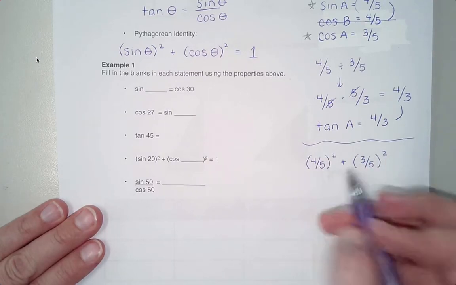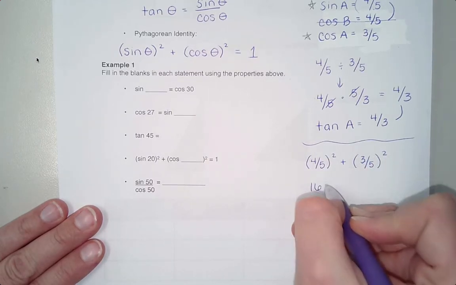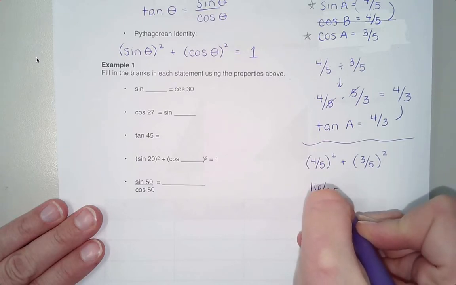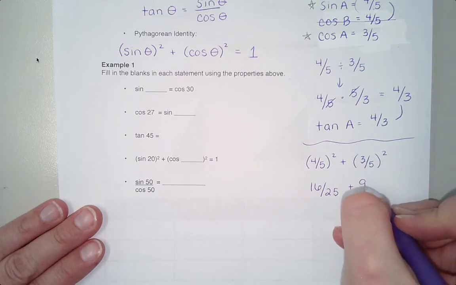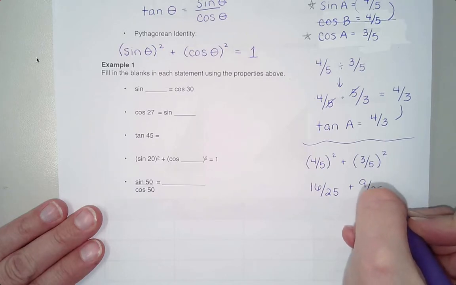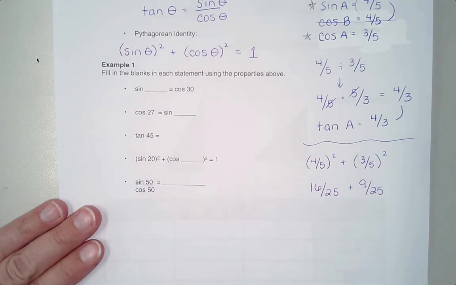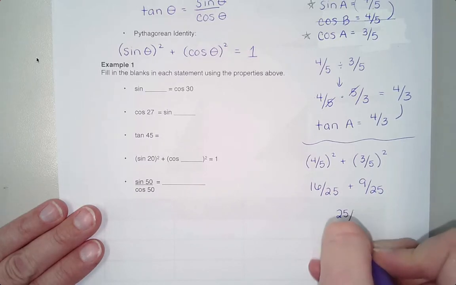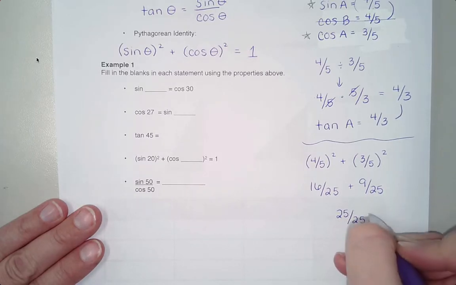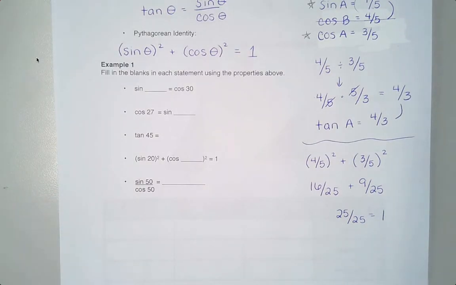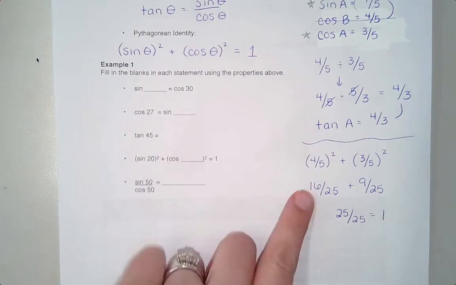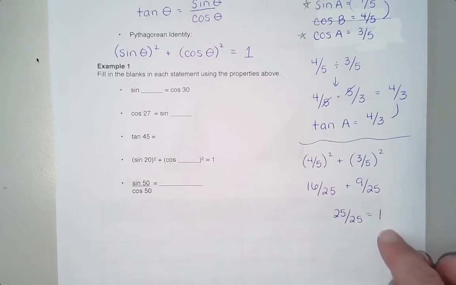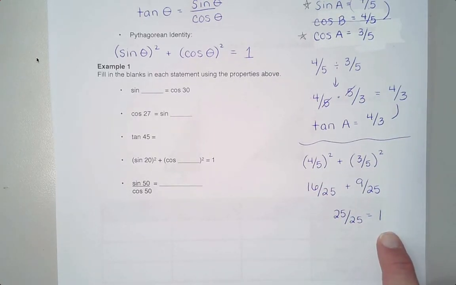This is going to square both of these, so I'm going to end up with 16 over 25 and 9 over 25. And then they have common denominators, so I can just add together and get 25 over 25, which is equal to 1. So when I take the sine and the cosine and square them and add them together, it's always going to equal 1.